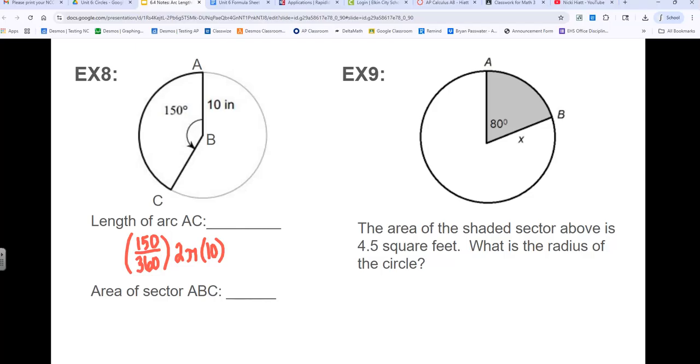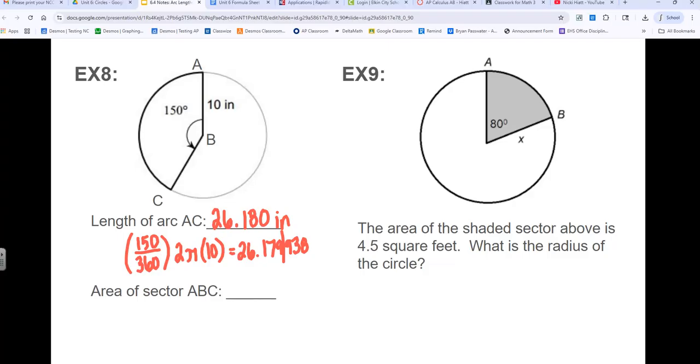So if we type that in, typed it in wrong. We should get 26.179938, and that is going to be 26 point, this is a little bit of that tricky rounding right there. You got to round your 9 up to a 10, which is actually going to be 180, and that'll be inches there.